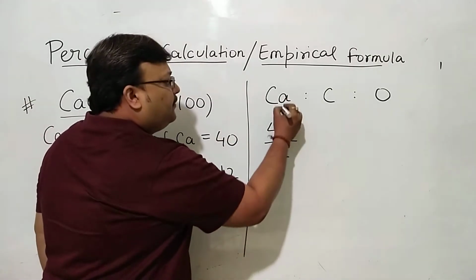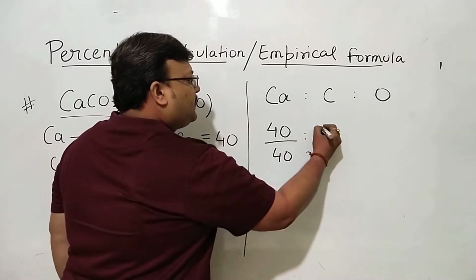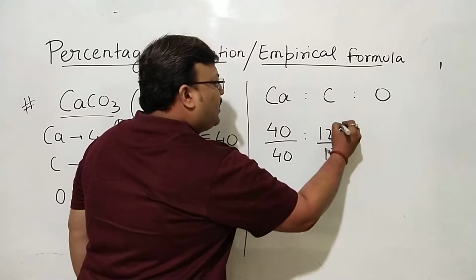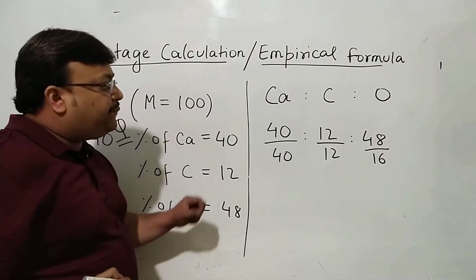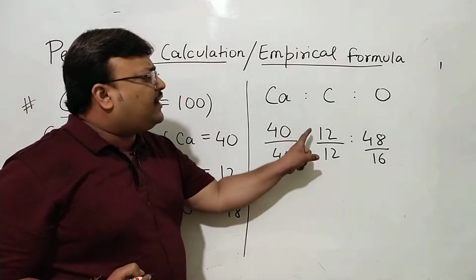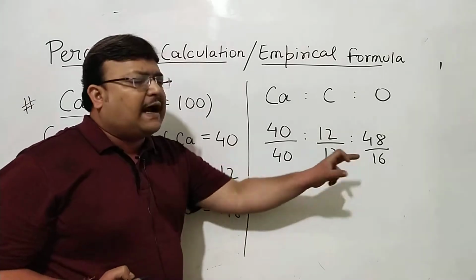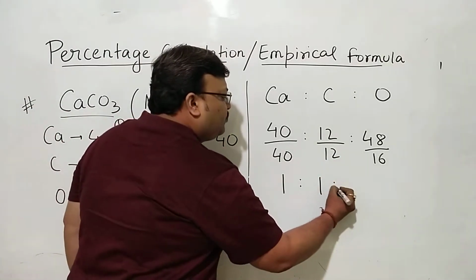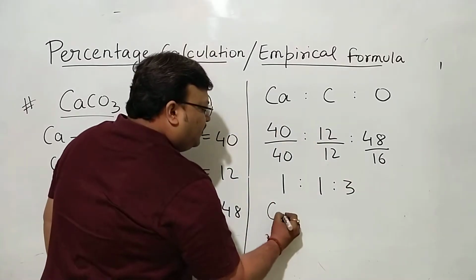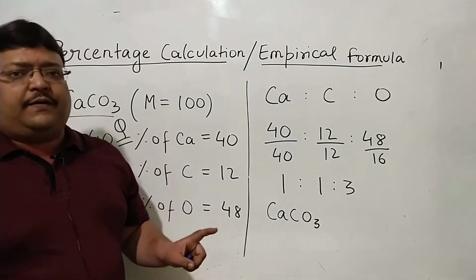So 40 by 40 for calcium, 12 by 12 for carbon, and 48 by 16 for oxygen. So the process is the percentage by mass is divided by the corresponding atomic weight, and naturally this will give me 1:1:3, and I'll predict the empirical formulae or the formula of the compound is calcium carbonate.